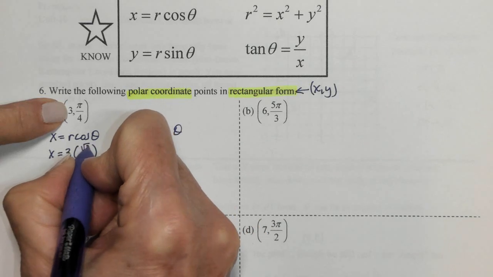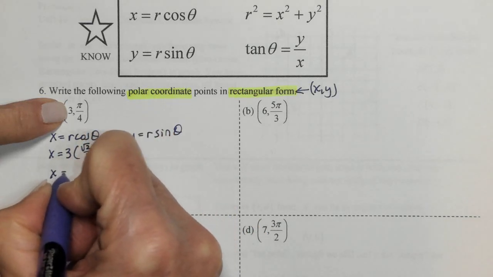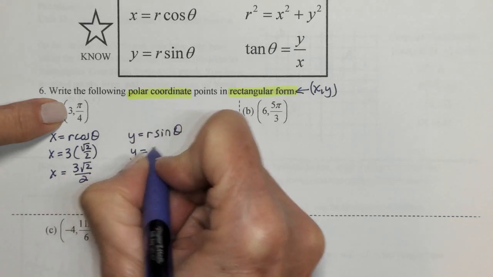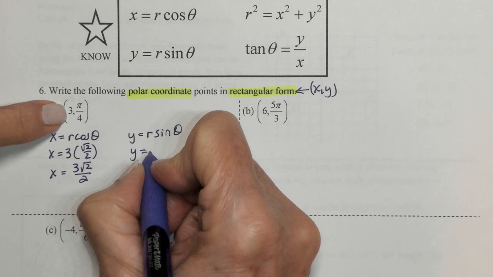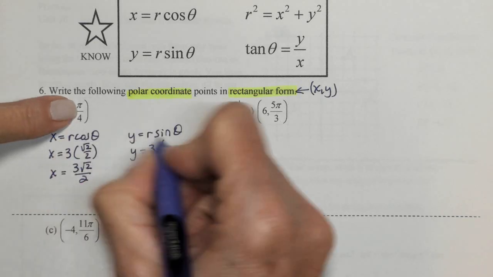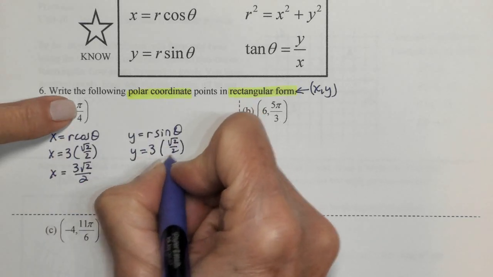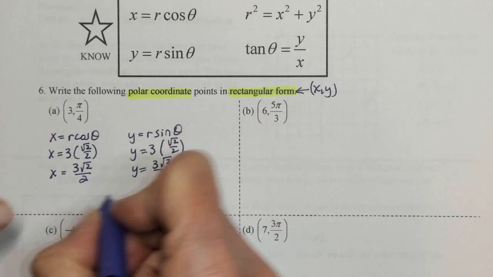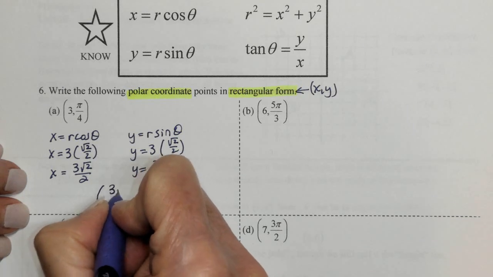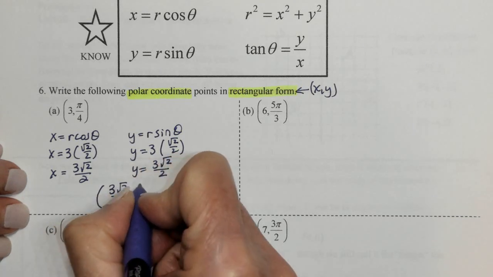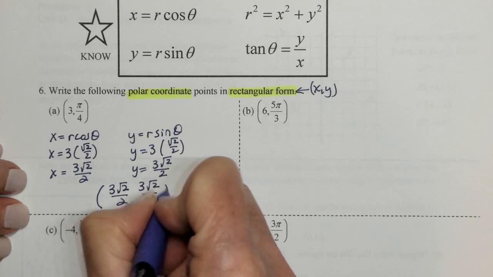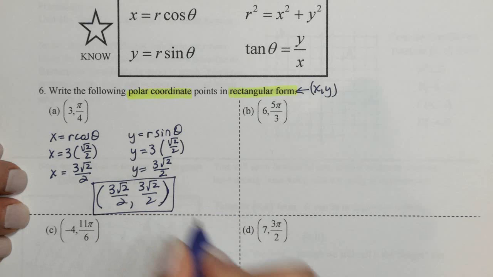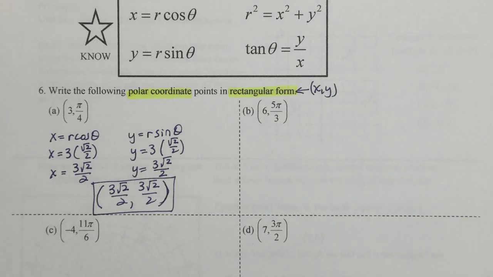Cosine of pi over 4 is square root 2 over 2. So x is 3 square root 2 over 2. Y is r sine theta. R is 3. Sine of pi over 4 is square root 2 over 2. So y is also 3 square root 2 over 2. So the point is 3 square root 2 over 2, 3 square root 2 over 2. And it makes sense because we have a pi over 4 angle that the x's and the y's are going to be the same.